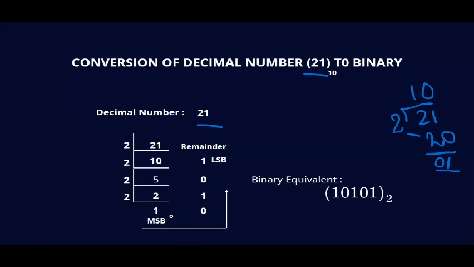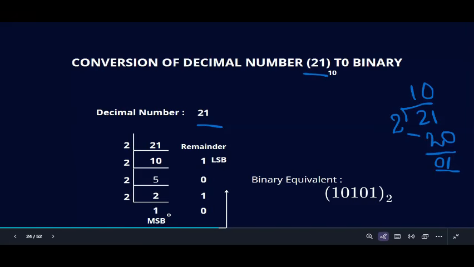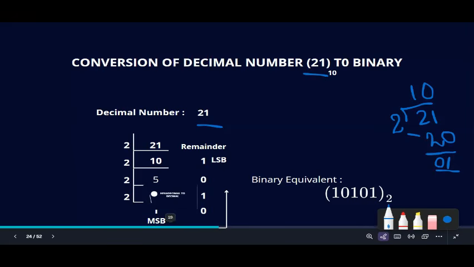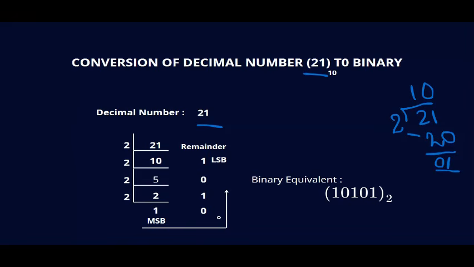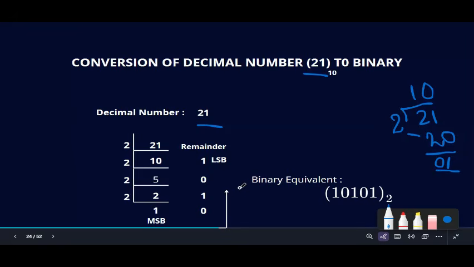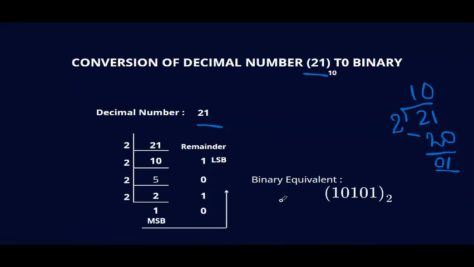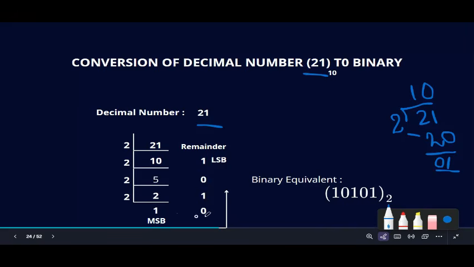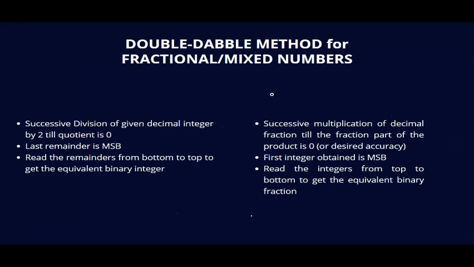Now the final remainder 1 is the MSB, and we read the remainders from bottom to top to get the binary equivalent. That is 10101.